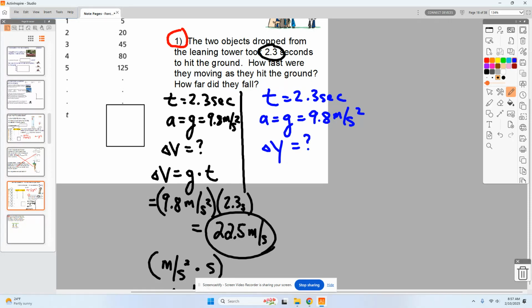If it's asking for speed, I'm going to use that G times T. If it's asking for distance, I have to use that 1/2 A T squared. So the equation that I'd use is delta Y equals 1/2 the acceleration that it experiences times time squared.